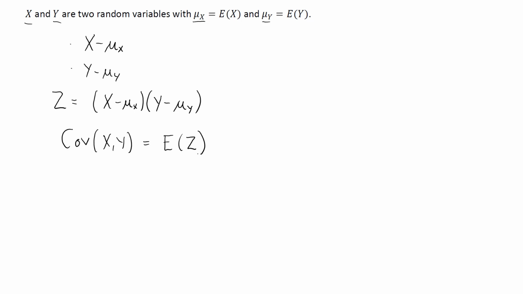So we can see that the covariance of x and y will become positive if it's more common for the product of these two terms to have the same sign. The covariance of x and y is positive if, whenever x is greater than its expected value, y tends to be greater than its expected value. The covariance will be negative if it's more common for y to be below its expected value when x is above its expected value. Then the product of these two terms will be negative.